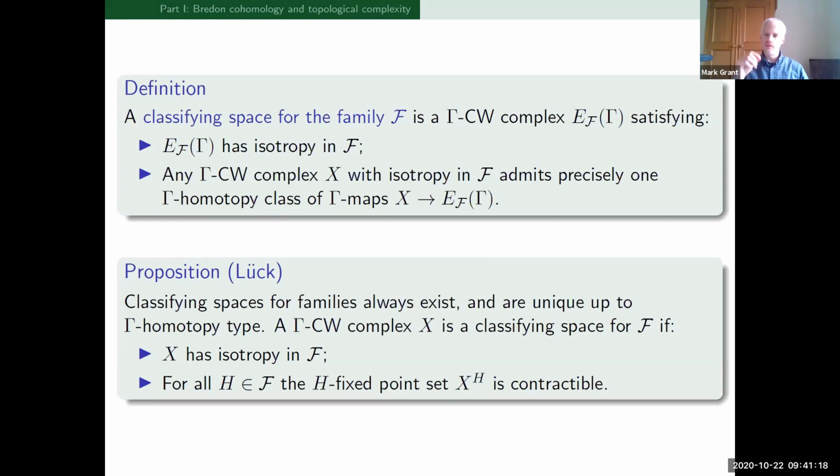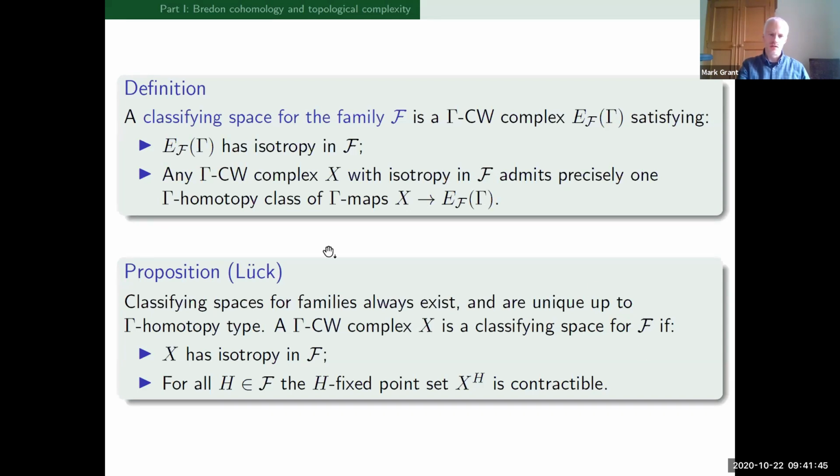So if you look at any given cell, the isotropy subgroup of that cell is in our family F. And it's kind of universal among spaces with isotropy in F, in the sense that any gamma CW complex with isotropy in F admits a unique gamma equivariant map into the classifying space up to gamma homotopy.